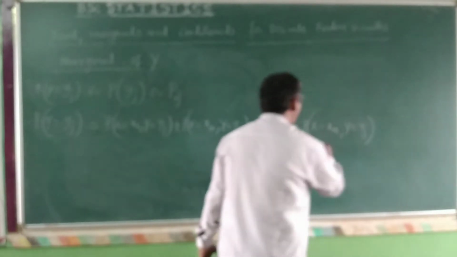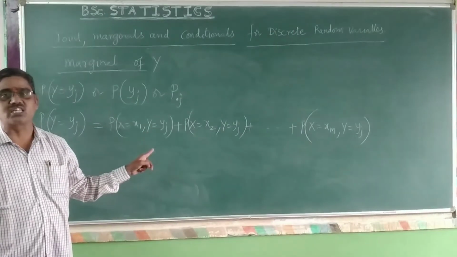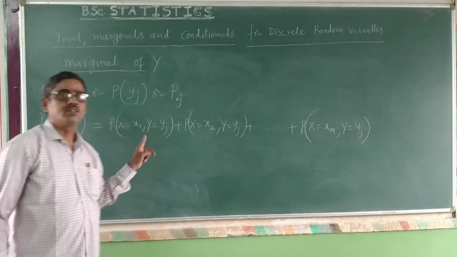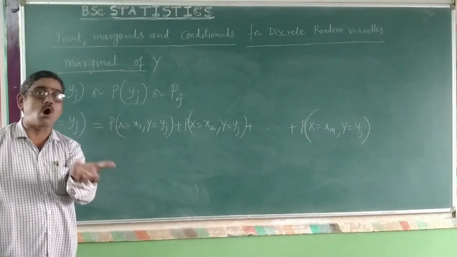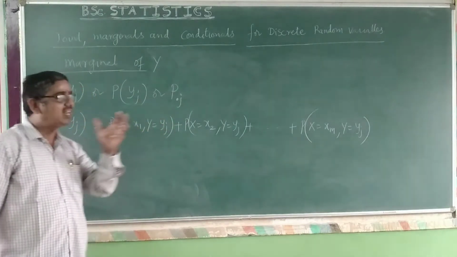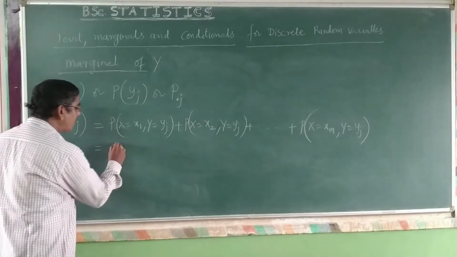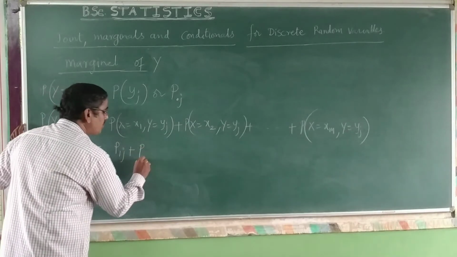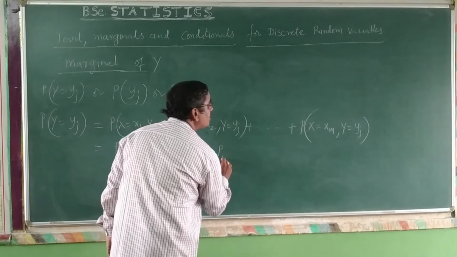All of these are joint probability mass functions in which y is equal to yj is constant. If you add all the values of x, you will get the function of y is equal to yj, which means you can write this as p1j plus p2j plus and so on plus pmj.